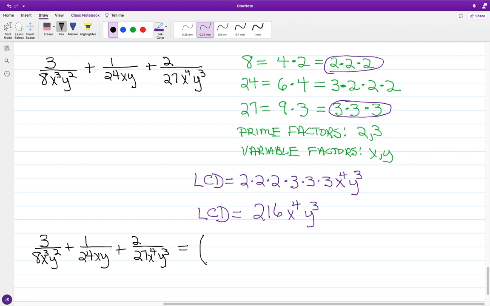For the first of the ratios, we have 3 over 8x cubed y to the 2nd.